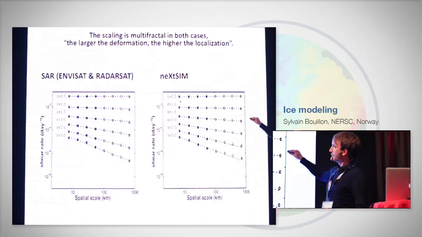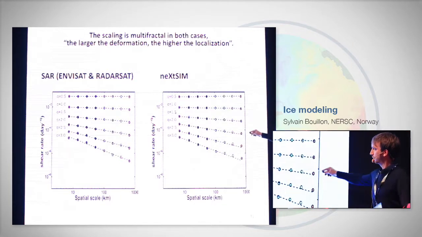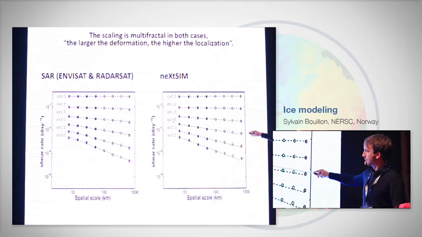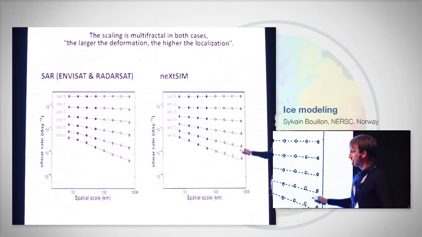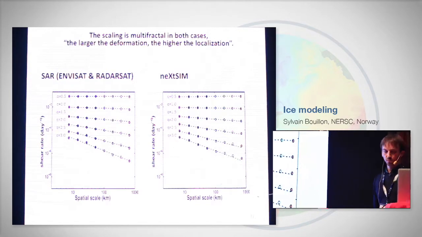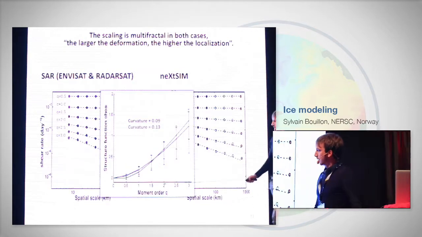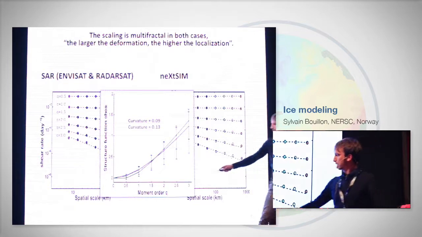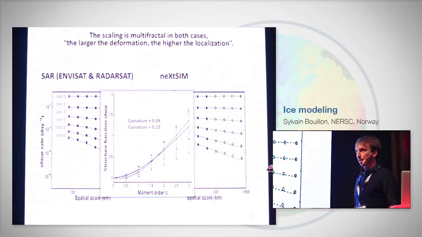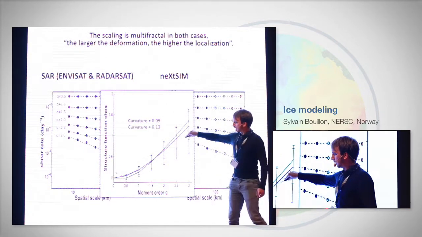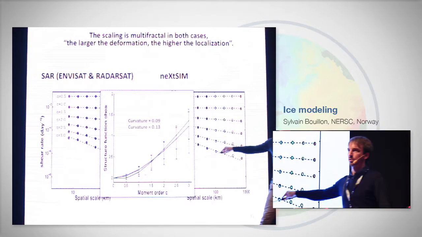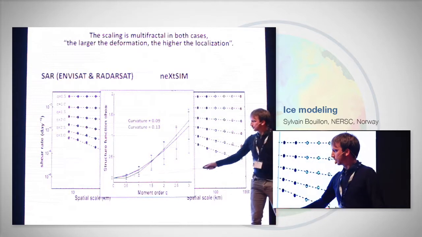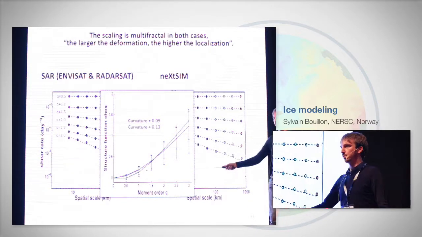And we do that not only for the mean, but also for the variance, for the second moment order and other moment orders. And what is important is that if you compute the slope for different moment orders, it will give you a quadratic function. So the slope is a quadratic function of the moment order.